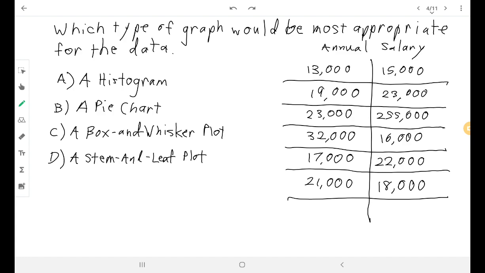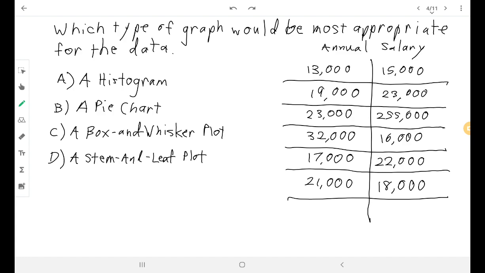A box and whisker plot might tell us some things about this. A stem and leaf plot would give us all the information, but doesn't allow us to compare it very well. The stem and leaf plots are good for compacting the information, but not really for analyzing it.